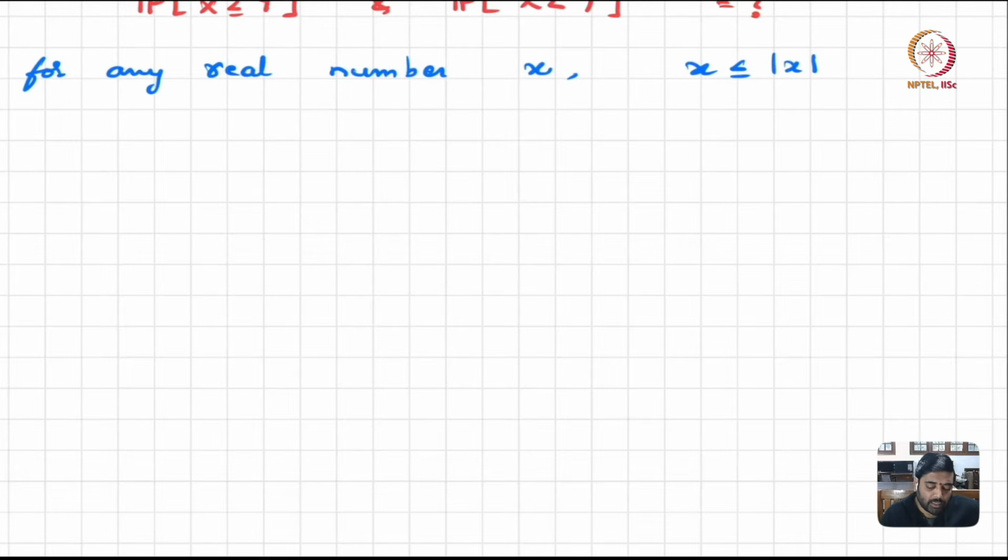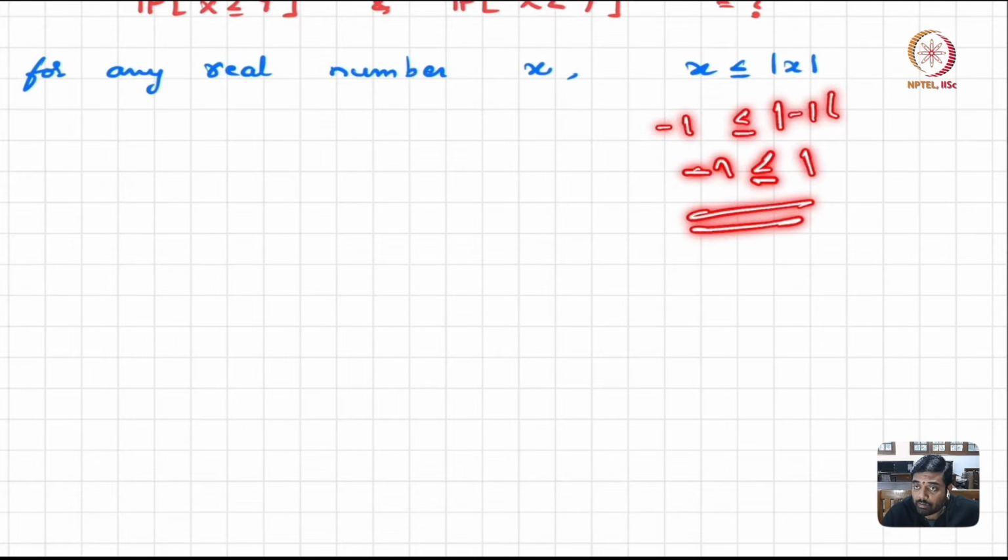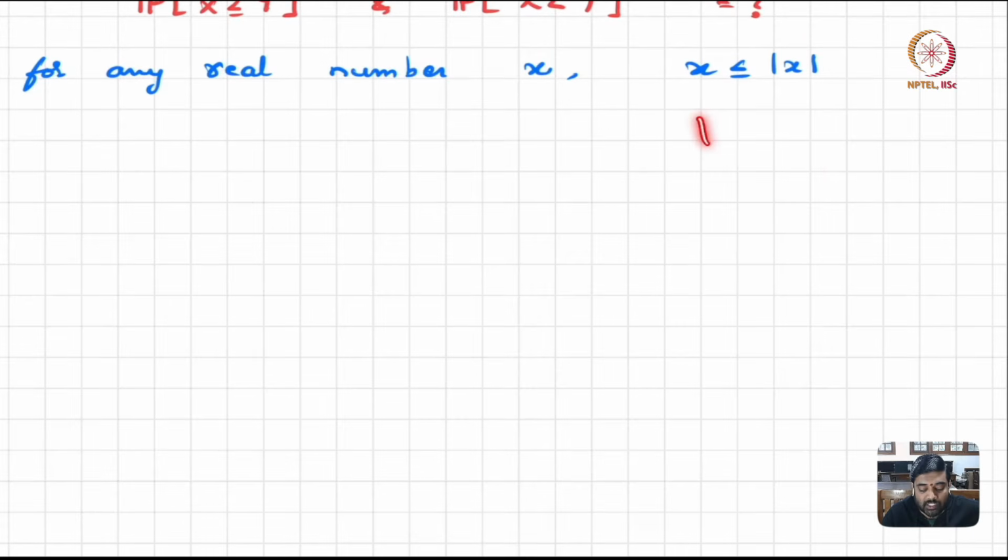Now let's say that x is minus 1. Minus 1 is less than mod of minus 1, that is, minus 1 is less than 1. This is true even if x takes a negative value. If x takes a positive value, let's say that x is 1, then 1 is less than or equal to modulus of 1, yes, it trivially holds good. That means that irrespective of the value, it holds, let it be positive or negative.